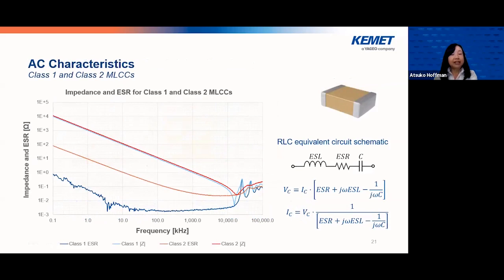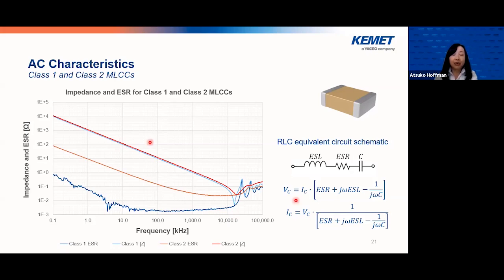When you look at the AC characteristics of MLCCs, impedance versus frequency right here, impedance decreases until it hits the resonant frequency of the capacitor, and then it starts increasing again. It's the same for the ESR as well, going down until you hit the resonant frequency. And here is the RLC equivalent circuit schematic, and you can calculate either the voltage or current, whichever you want to take a look at.